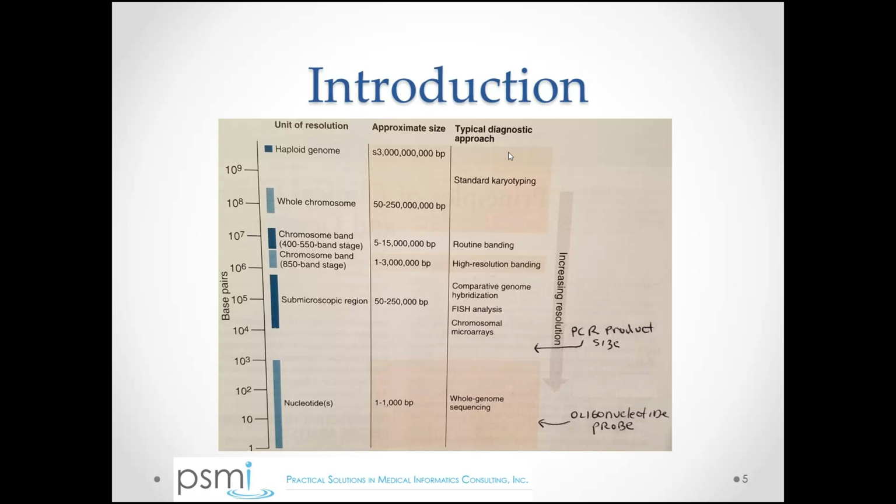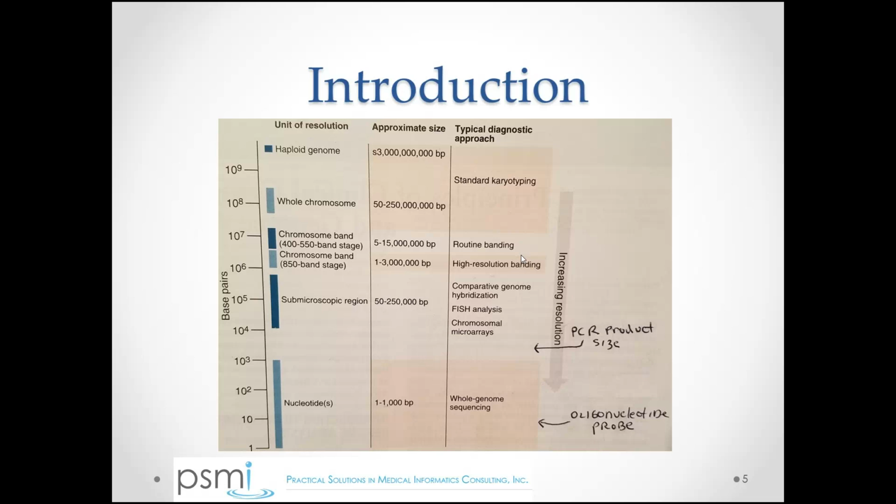If you're looking for trisomy 21, then generally karyotyping works just fine. But if you're looking for a point mutation, then you need to order a test that's a molecular test that's much more fine-grained. It gives you resolution down to the 1 to 1,000 base pair range. So up here at the super low resolution, where you're looking at the entire genome, we have karyotyping, and so we'll look at karyotyping.